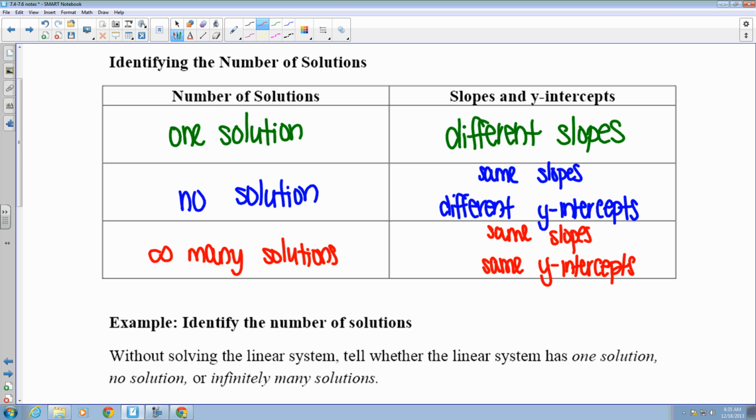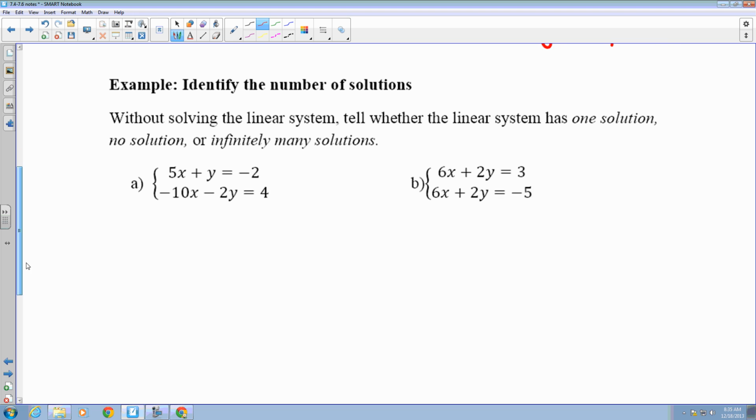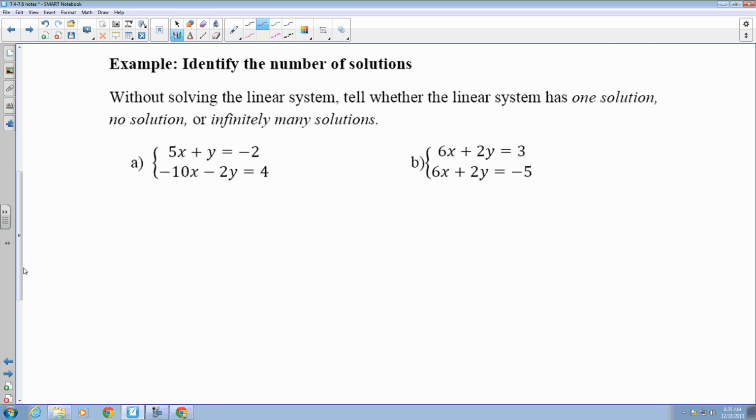Okay, so this is in slope-intercept form. Okay, so it says without solving. So on the previous page we solved using elimination or substitution. This says without solving, tell whether the linear system has one, no, or infinitely many solutions. So what we're going to do is get them both into slope-intercept form and compare their slopes and y-intercepts.